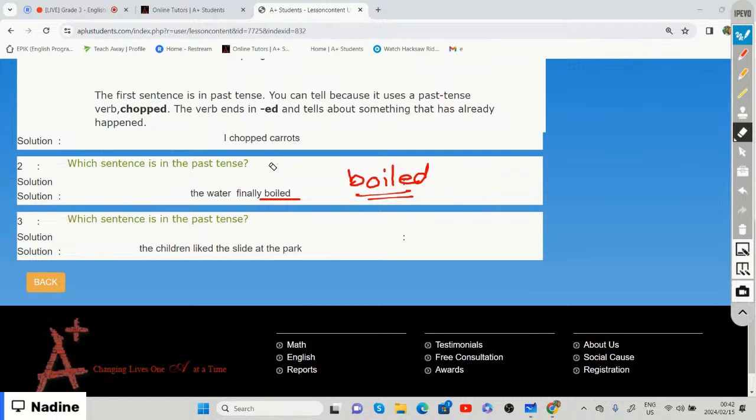So the water finally boiled. And then the children liked the slide at the park. What are our regular past tense verbs?